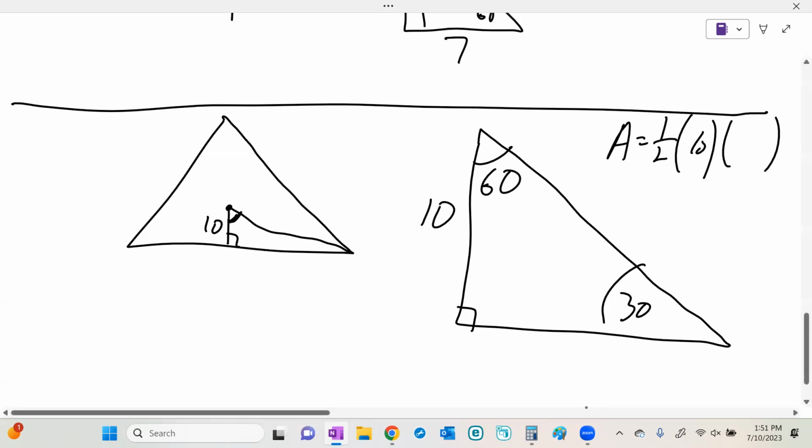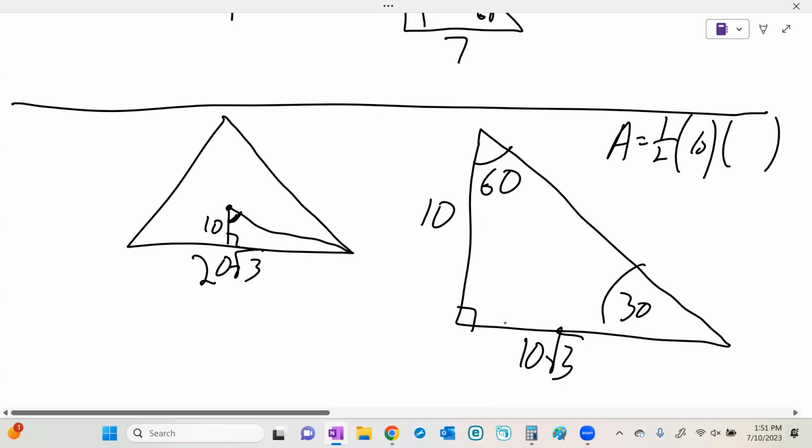You guys see how this is working out? So if this is 10, what does this have to be? 10 square root 3. So if that's 10 square root 3, the whole part down here would be twice that. 20 square root 3s.